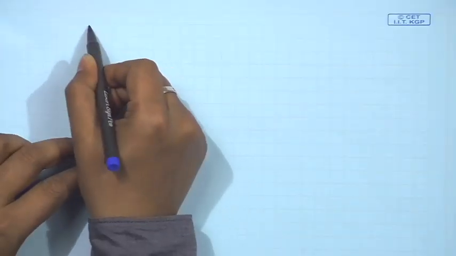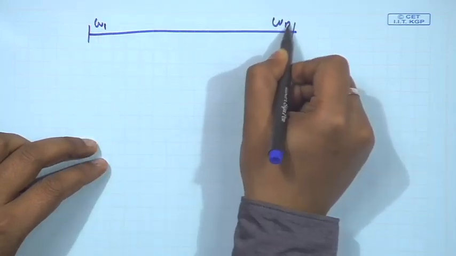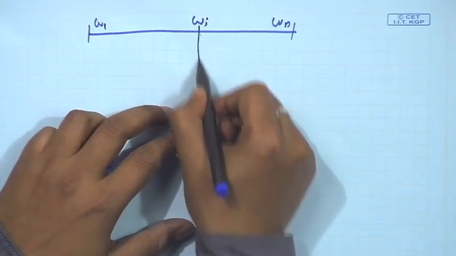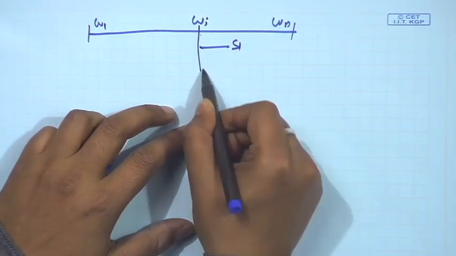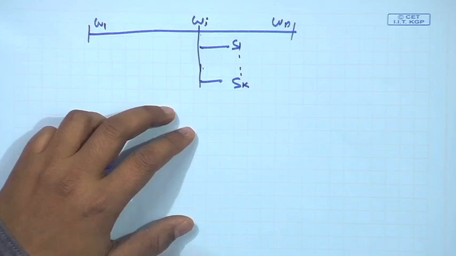So, to tell that again, what will we do? We will have a sentence w1 to wn, and I have this word wi that has s1 to sk, k hubs.